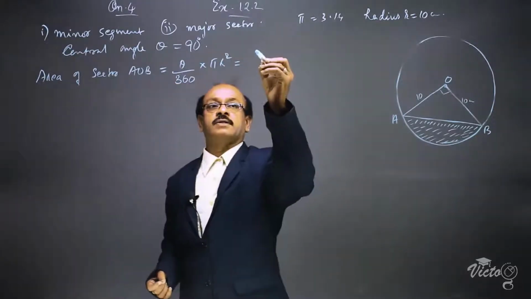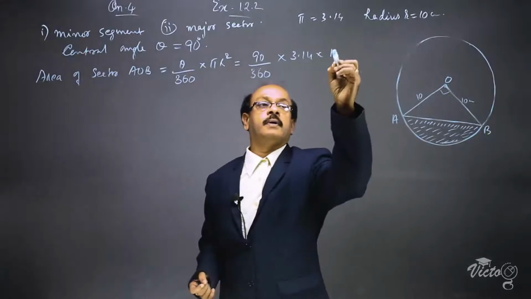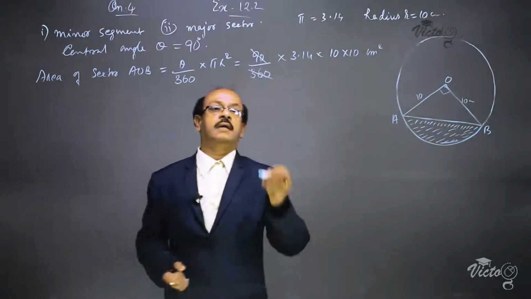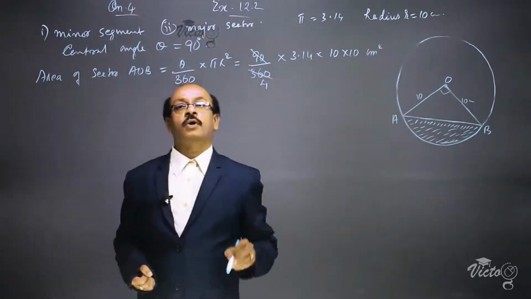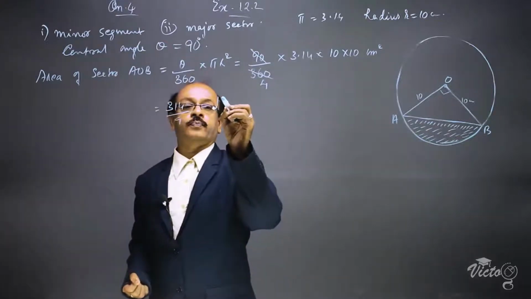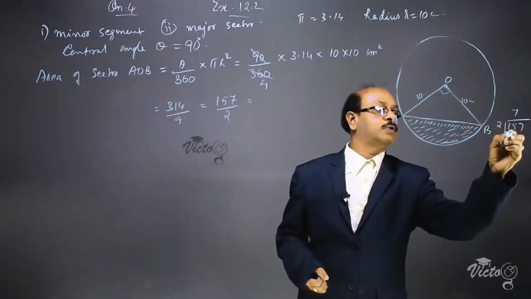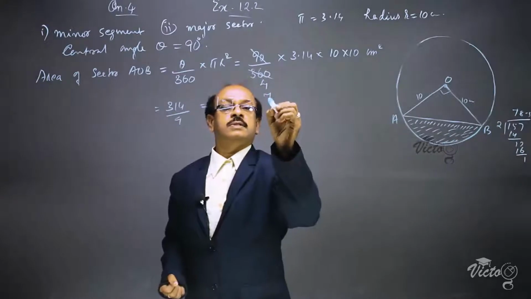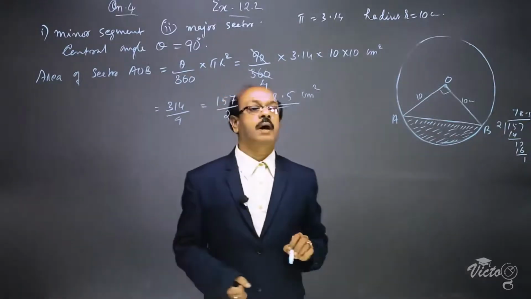Giving values, 90 by 360 into 3.14 into 10 into 10 centimeter square. 90 and 360 get cancelled, leaving 4. 3.14 into 100 becomes 314 by 4, which we can cancel to 157 by 2. 157 divided by 2 is 78.5. So, we are getting the area of sector AOB as 78.5 centimeters square.